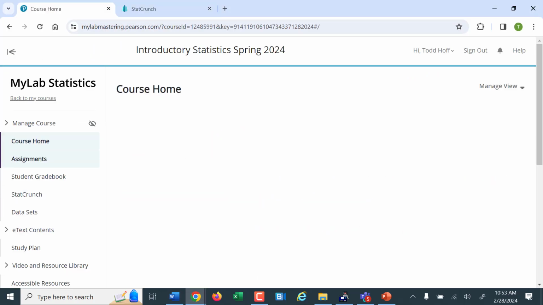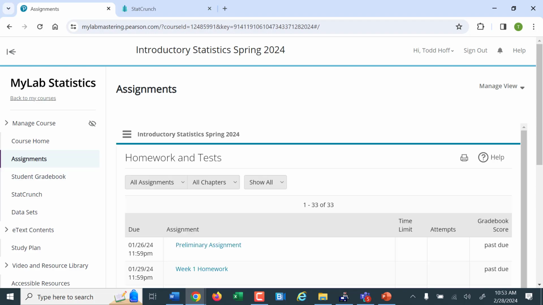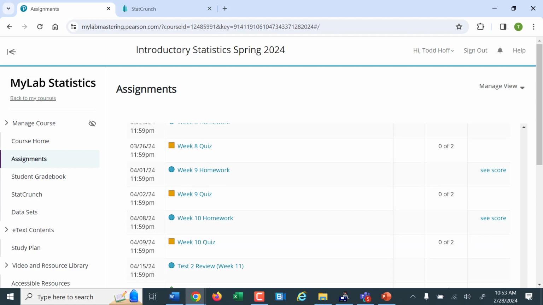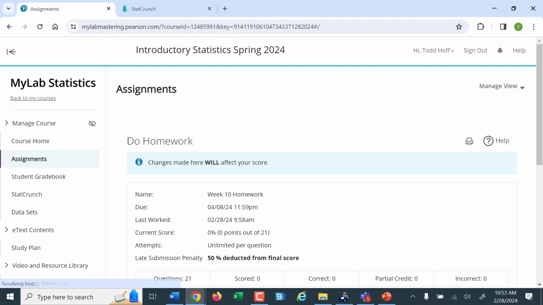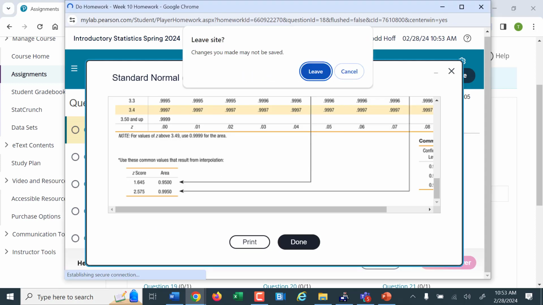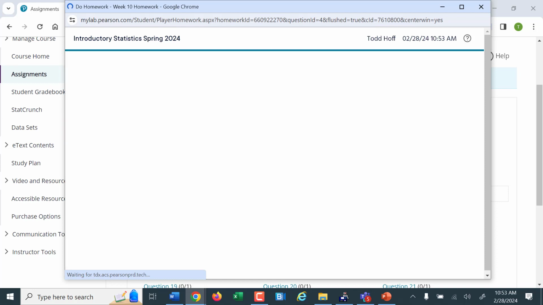So let's go back to assignments. In homework 10, I can find my tables. In problem number 4 again, I want the negative z-scores now because I'm on the smaller end.